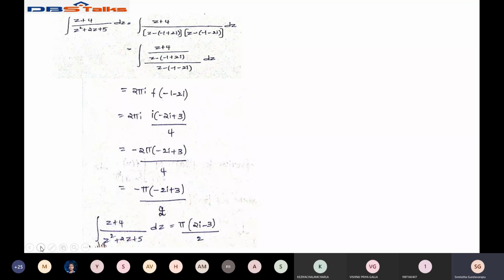That is why we write the function in this form, the integral of f(z)/(z−a). Here f(z) = (z+4)/(z−(−1+2i)) and a = −1−2i. By using Cauchy's integral formula, we get 2πi times f(a).